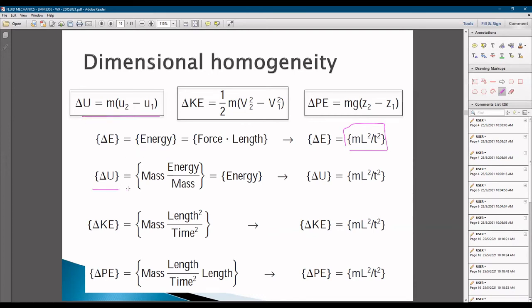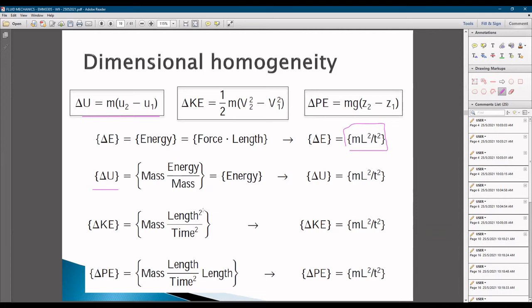This one is actually mass times this part. Each of these is the same item, right? So it is energy over mass. And for the kinetic energy, again, you just ignore this constant. We are only interested in this item, which is mass, and the dimension here, which is length square over time square, because V2 and V1 are squared, right?